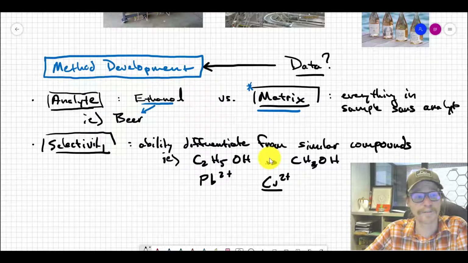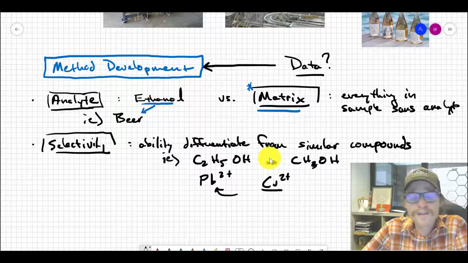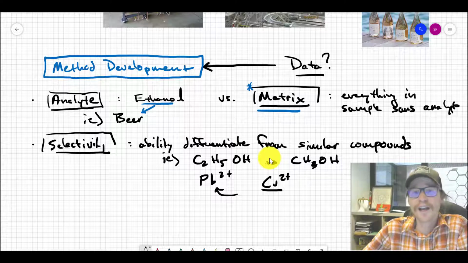It's not going to see copper and think it's lead. So that's when we're thinking about the development of our analysis. We need to consider these things. These are really important. What's in my matrix? What else should I expect there to be there? And will my method differentiate it? And do I care? Do I need a method that can differentiate it?